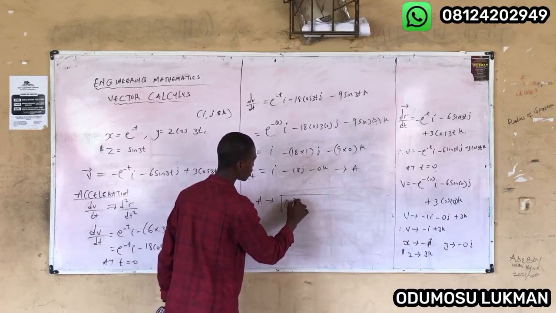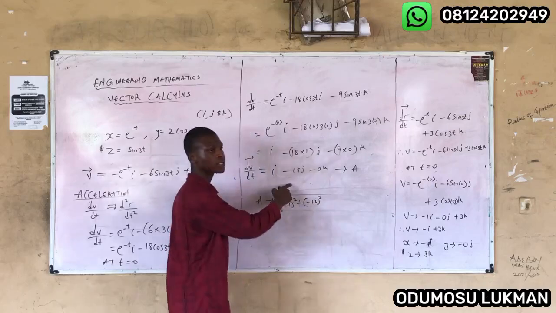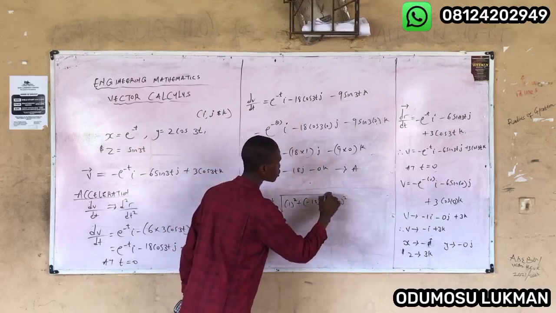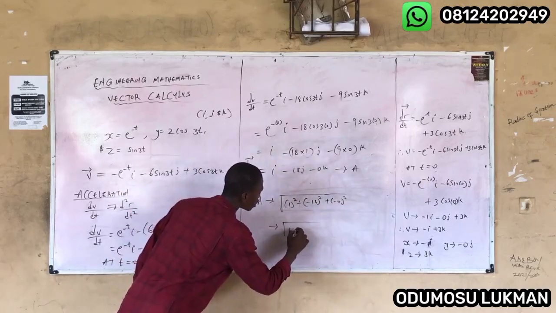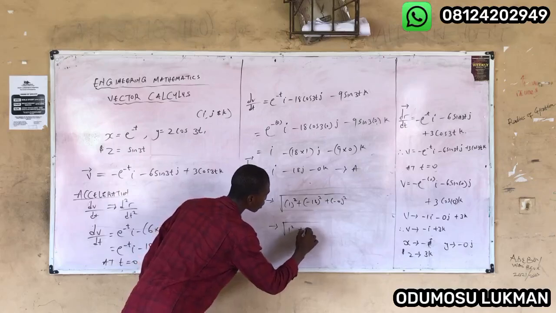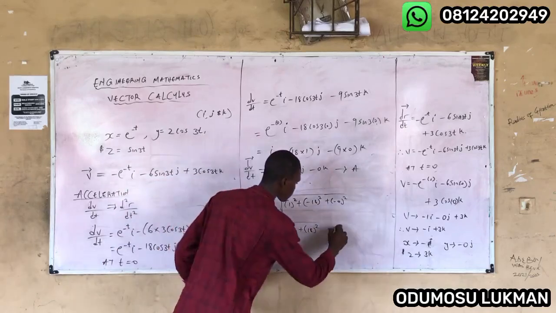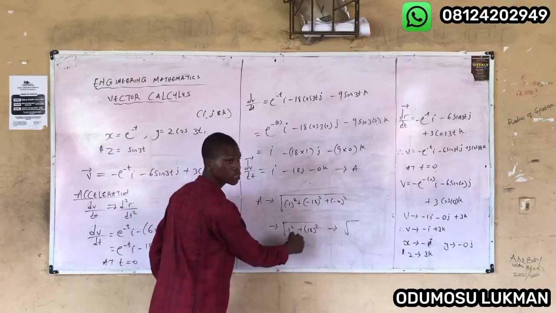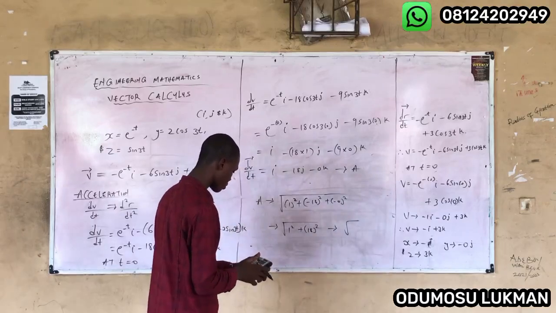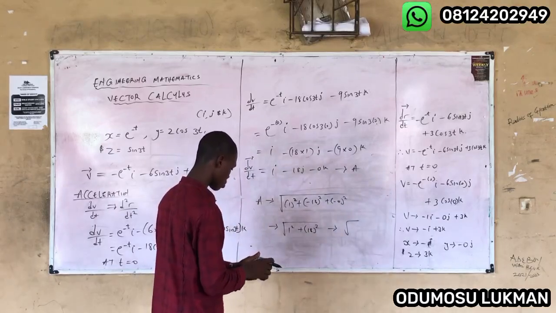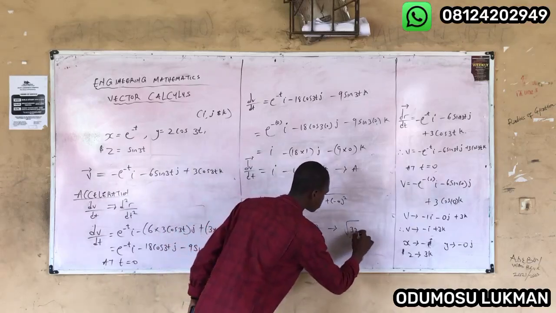1 square, the x component, plus minus 18 square, plus minus 0 square. Then from here, we have the square root of 1 square plus 18 square. 18 times 18 is 324.